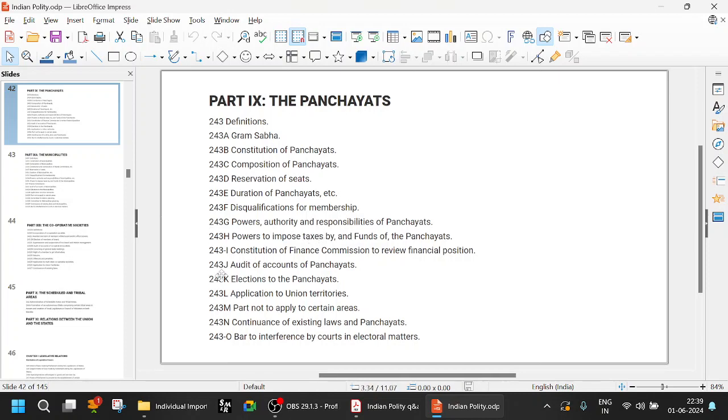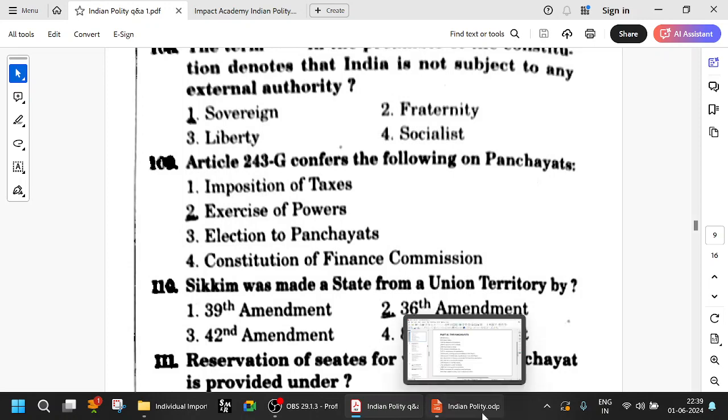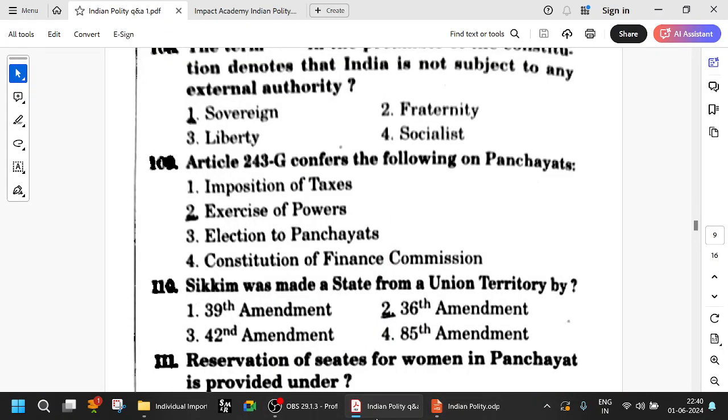Elections is K. And the Constitution of Finance Commission is I. You can remember IFC, like KFC. I means Finance Commission. So try to remember, at least for panchayats, because it is asked frequently, and those who are preparing will certainly be able to answer this question.